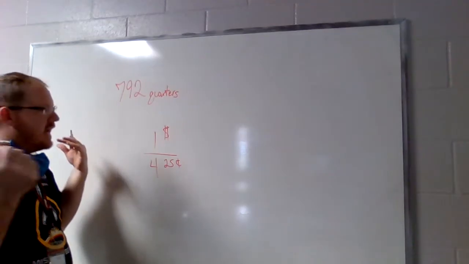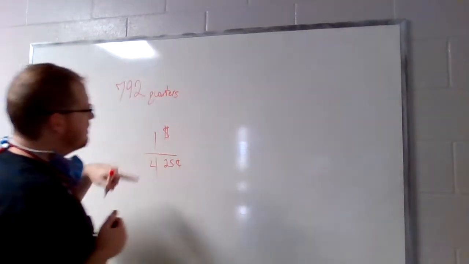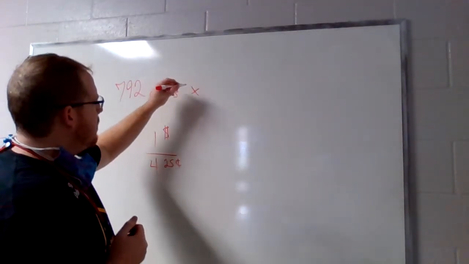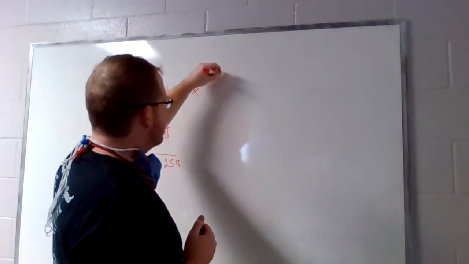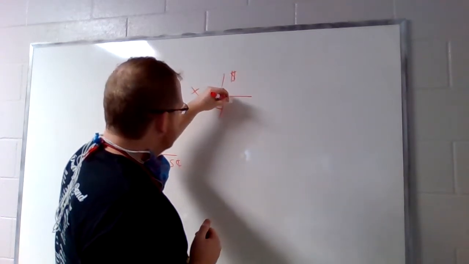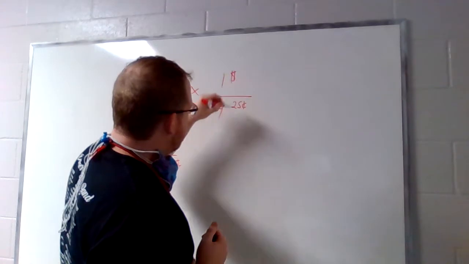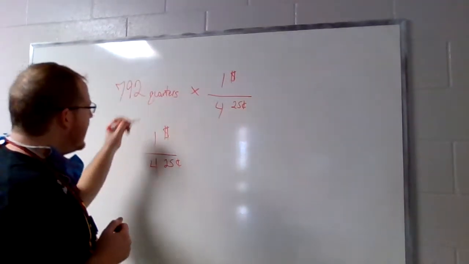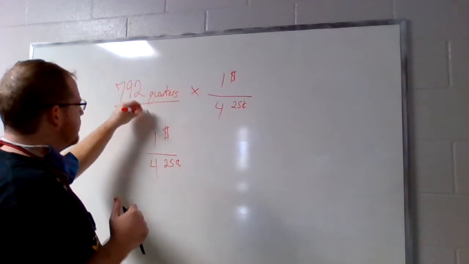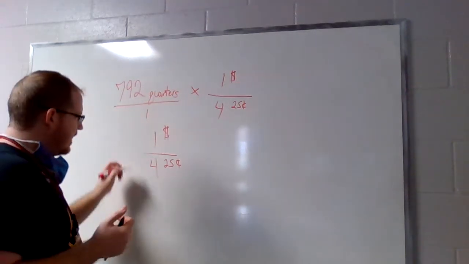I need to know how much money I have. And so I'm going to use this conversion factor to do that. In order to set this up, I'm just going to multiply by my conversion factor, $1 over 4 25-cent pieces or quarters. And if this helps you to kind of memorize this, you can put this over 1, because if I divide by 1, nothing really matters here.